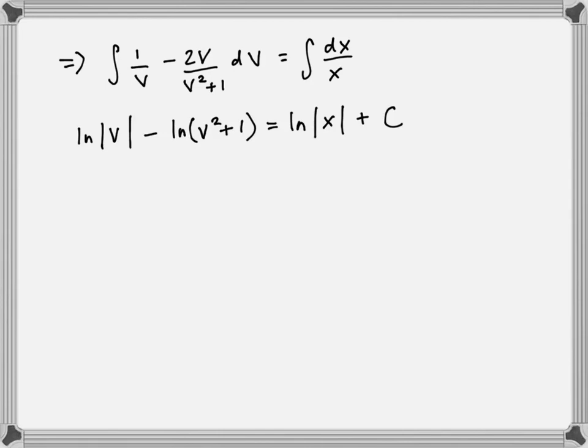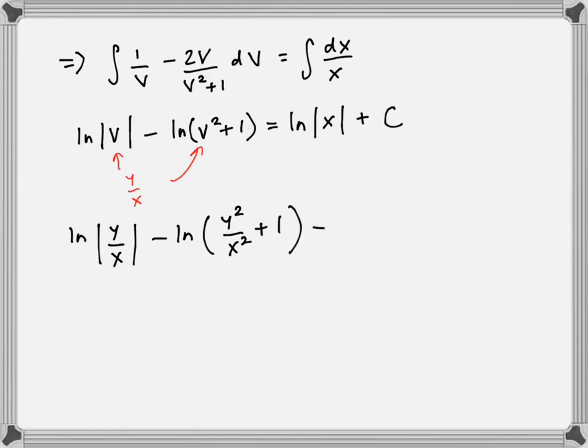Of course, replace your v's back with y over x. We end up with the natural log of the absolute value of y over x minus the natural log of (y squared over x squared plus 1) is equal to the natural log of x plus c.